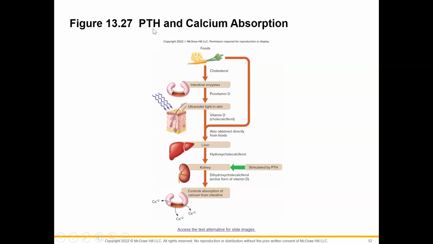So, PTH and calcium absorption, you have the food, you are eating the food, you have cholesterol that comes from the food, right? Cholesterol is a type of lipid.